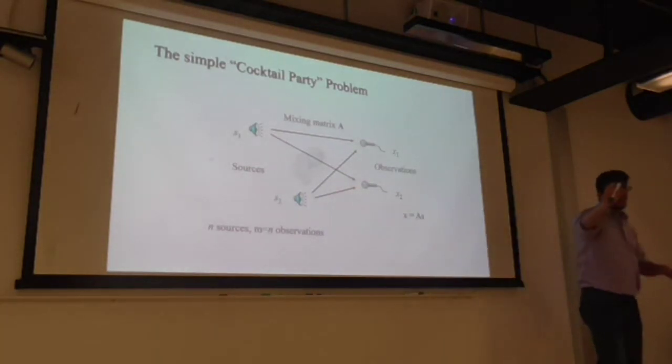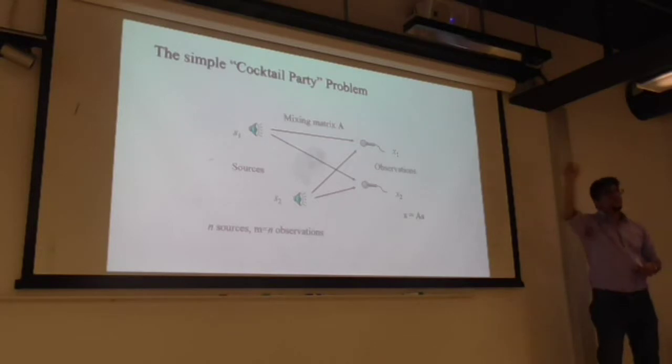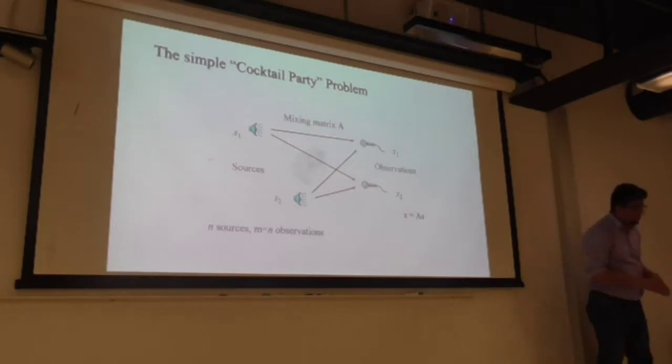If 2 people are talking and I have 2 microphones, I just have the microphone data, okay? If I apply ICA, of course it's a little bit complicated algorithms happening inside that, I will try to find out the independent sources inside the observation so that I can find out the original source. So ICA basically targets to find out the independent sources. So that was the main focus when ICA is applied.